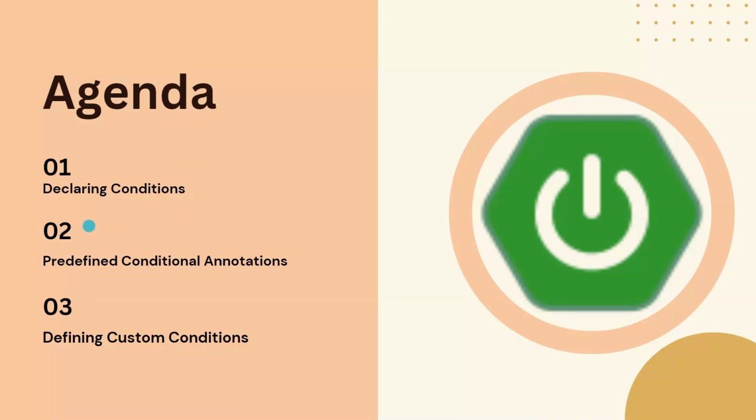Here we are going to cover, first, how to declare conditional beans. Second, we will explore the predefined conditional annotations that Spring Boot already has and how to use them. Third is how to define our own custom condition annotation and how to use it.